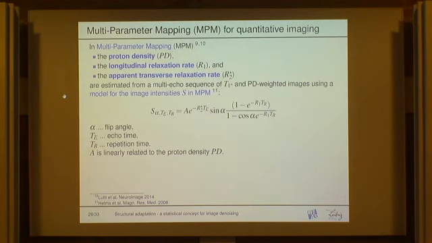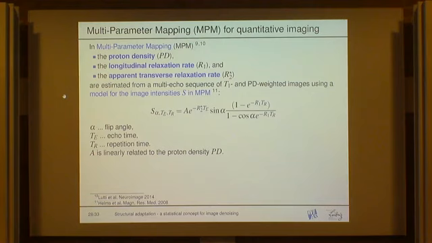What we have here is a situation where in an experiment you observe a sequence of images under different conditions, usually proton density, magnetic transfer, T1 weighted images with different TEs.